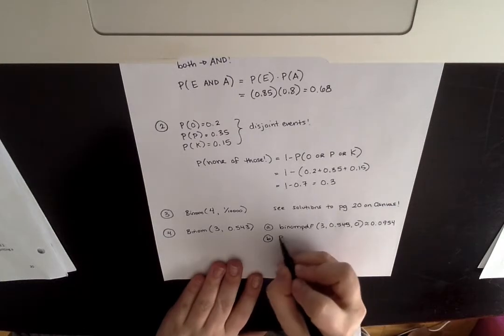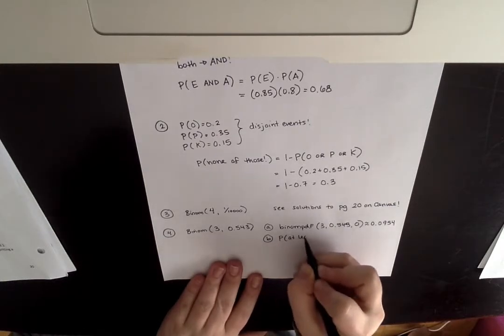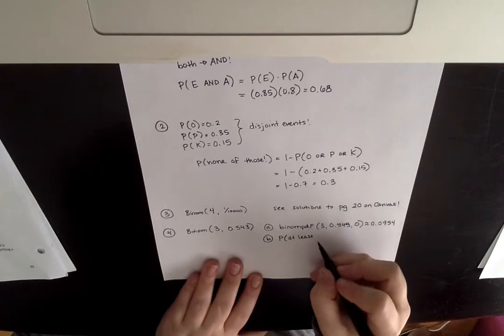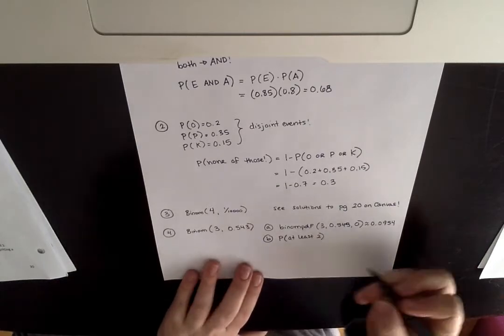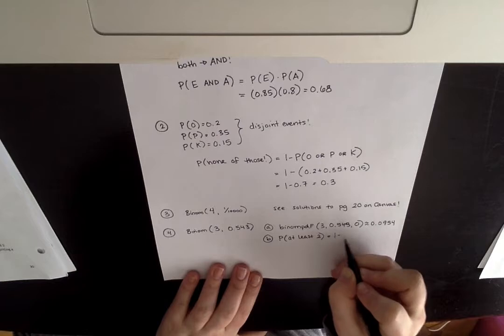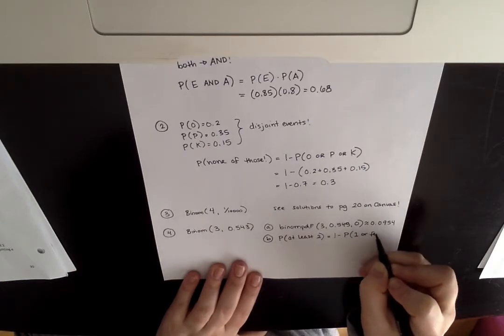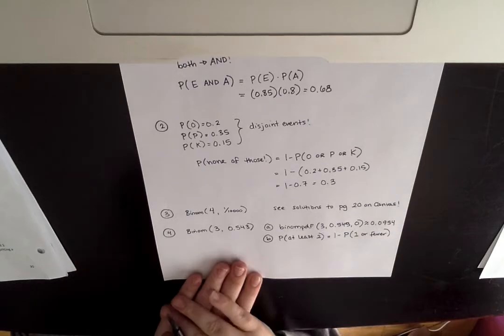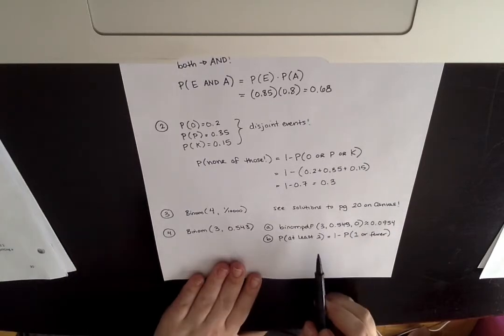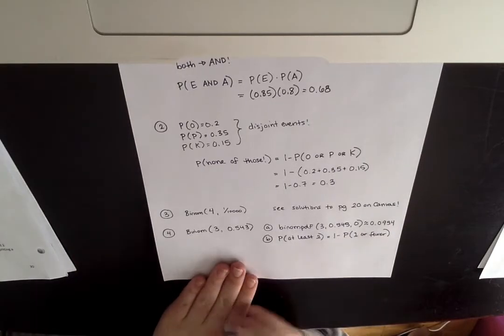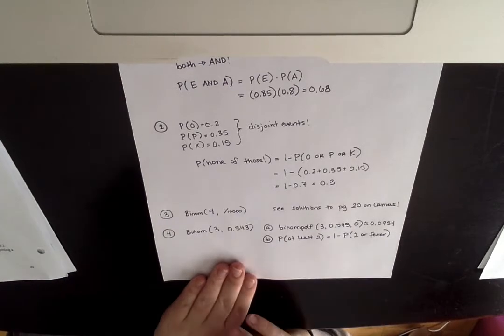Okay. B. Probability of at least 2. Now this is equivalent to 1 minus the probability of 1 or fewer, right? At least 2 is 2 or more. So we have to get rid of 1 or less.